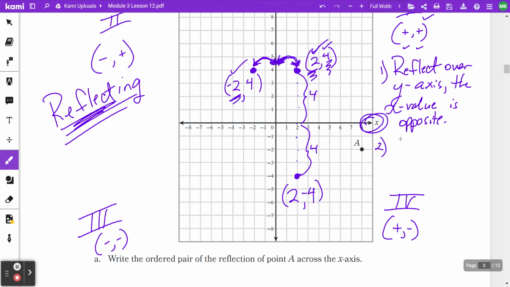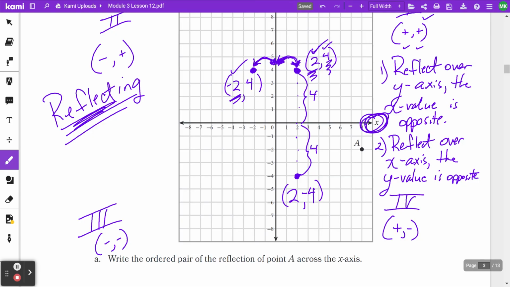So there's rule number 2: if I reflect over the x-axis, comma, the y value is opposite. There you have it.